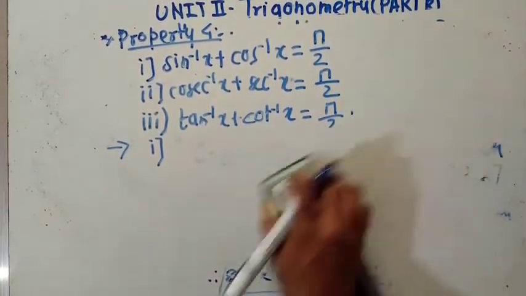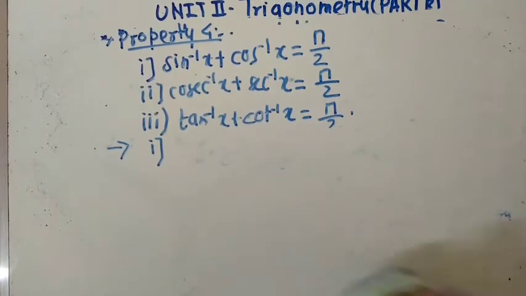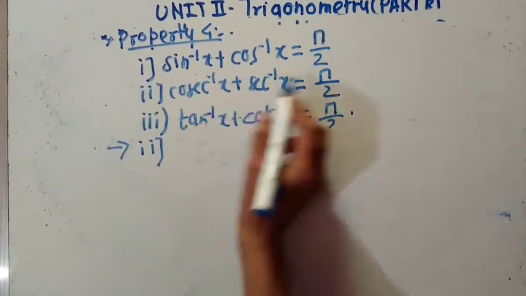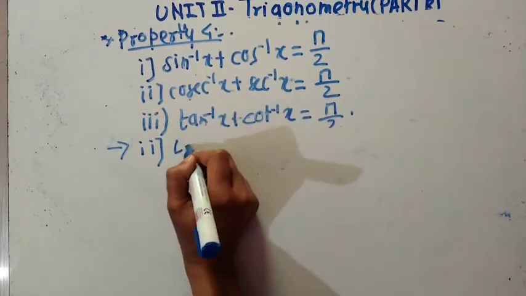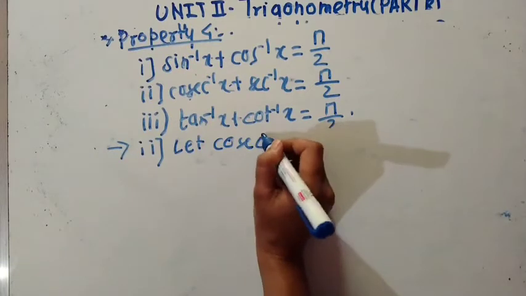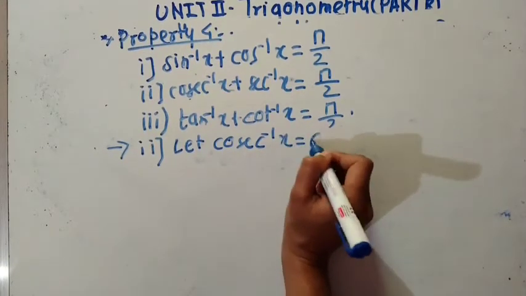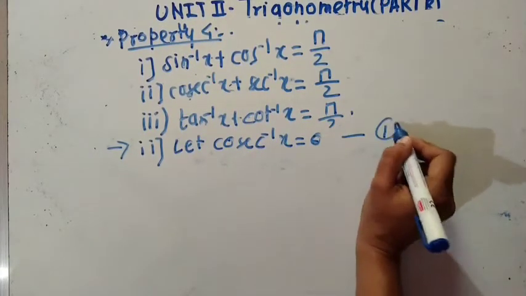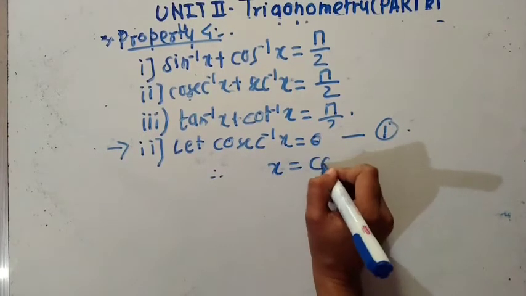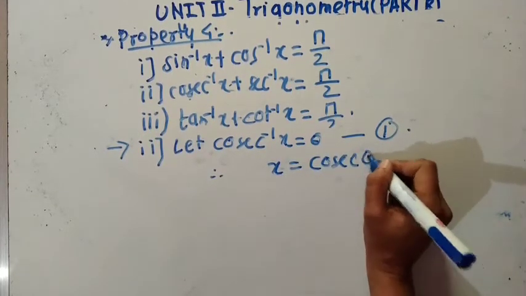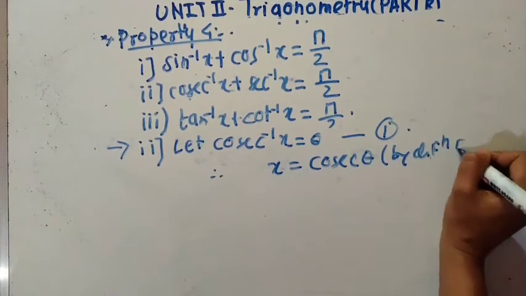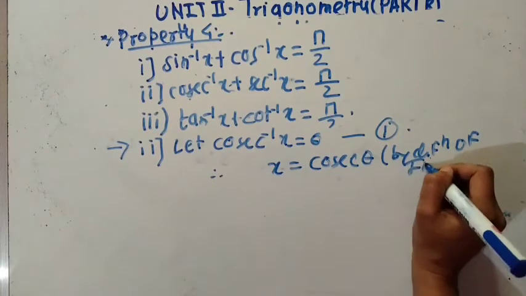Then we prove the second property. Let us consider cosec inverse of x is equal to theta. This is the first equation. Hence x is equal to cosec theta by definition of inverse function.